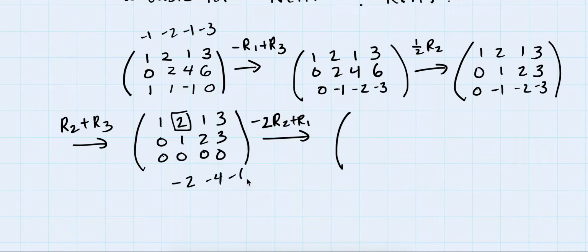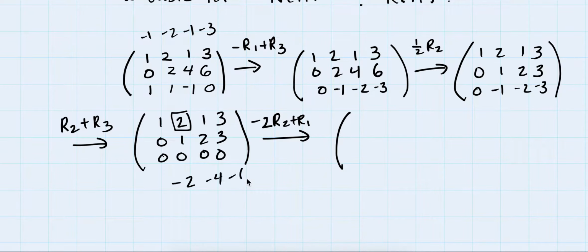Now how do we figure out the null space? Well, remember that the null space of a matrix is the set of all vectors x in, well, this matrix is a 3×4 matrix, so it's all the vectors in R4 such that A times x is the 0 vector, which is a 3×1 matrix.